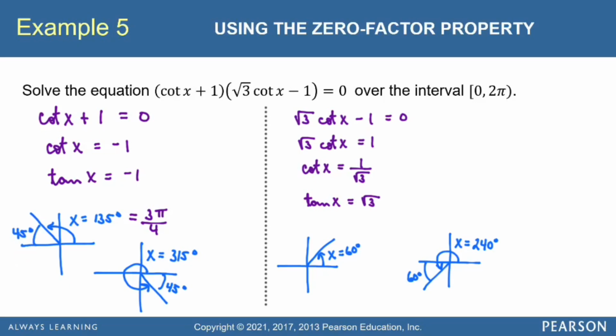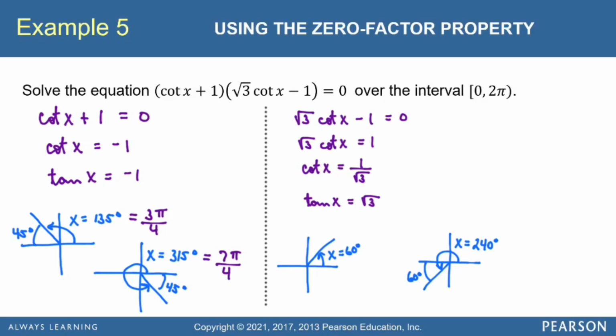Remember, 45 degrees is just half a quadrant, so we can count half quadrants here. 1, 2, 3 half quadrants means this angle is 3 pi over 4. And then 1, 2, 3, 4, 5, 6, 7 half quadrants means that 315 degrees is 7 pi over 4. It's very convenient to convert that way when your reference angle is 45 degrees.